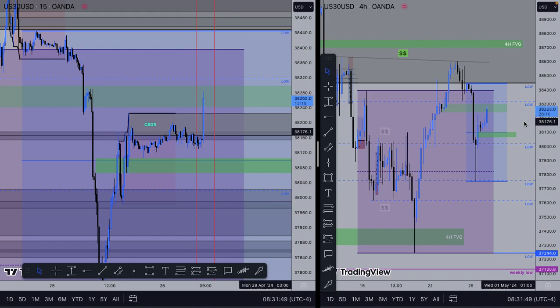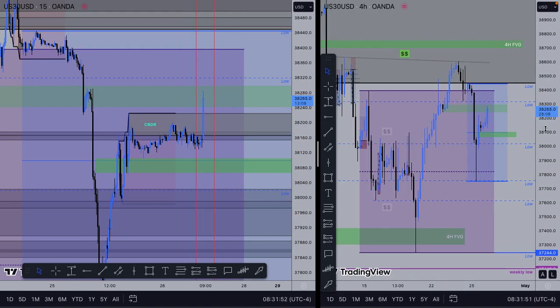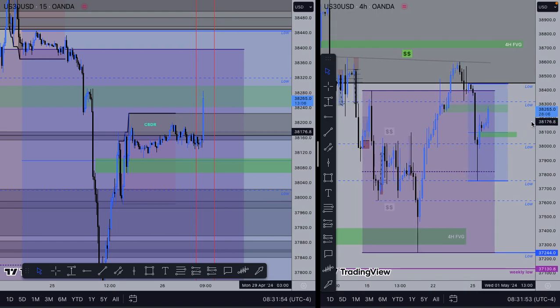Mondays are unpredictable days. So on these days, you kind of want to let price show its hand. Majority of the time, by Friday, price already hit its objective, and she could just either consolidate, go back into the range she came from, or continue with the same objectives from the week, right?